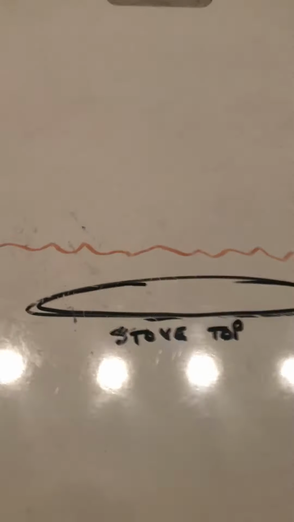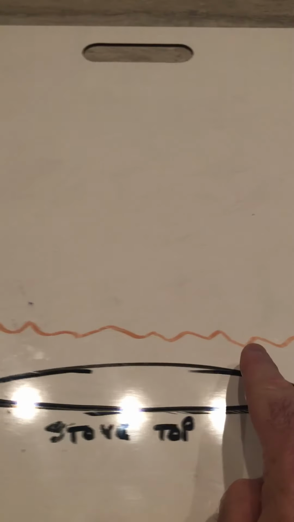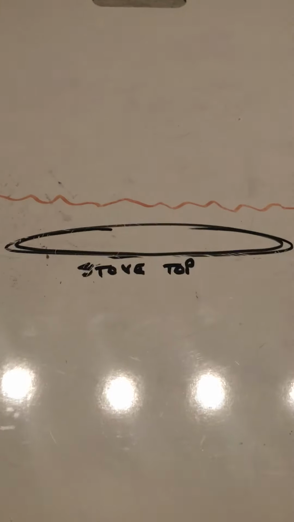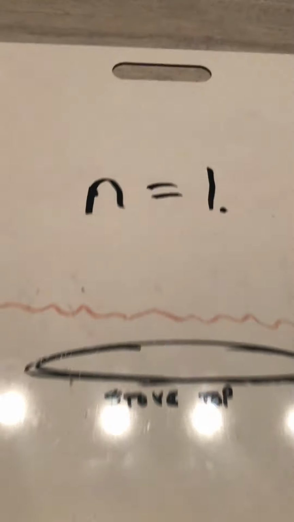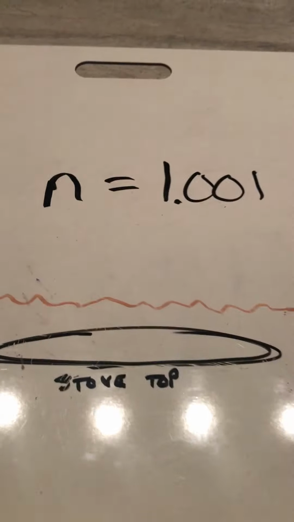Say looking at a stovetop, and light that's traveling in a straight line refracts dozens of times as it goes across the stovetop. We say that the index of refraction of air is 1. But technically, for air, it's like 1.001 or something like that.